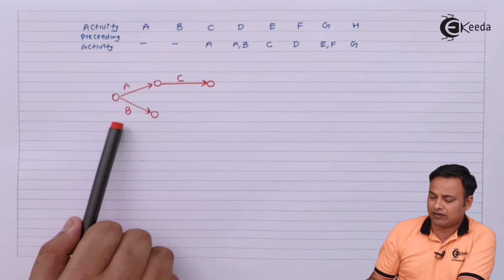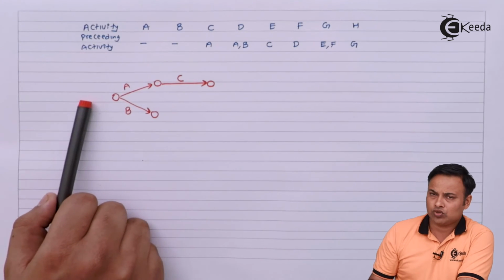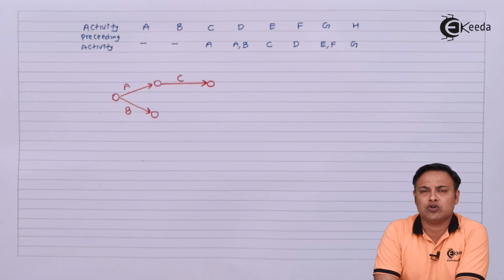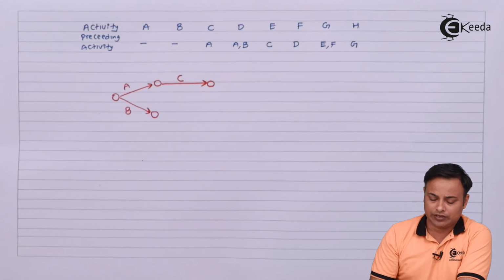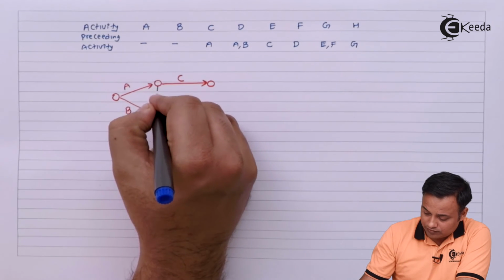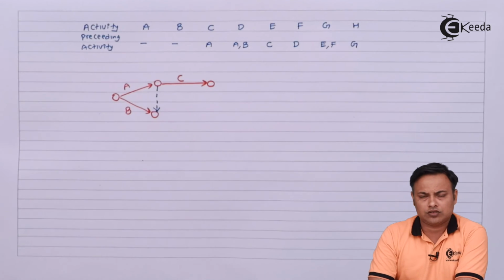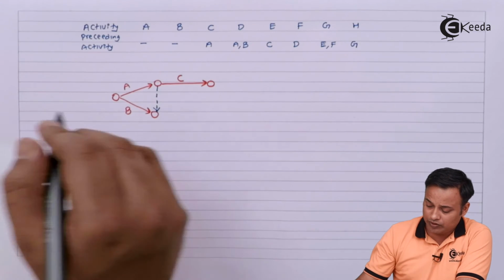Now already A and B have the same common tail. A और B का tail same है तो उनका head same नहीं हो सकता. And for that reason I need to add a dummy here. मैं A को नीचे लेगा and connect it with B just to complete the diagram and this will be your dummy.